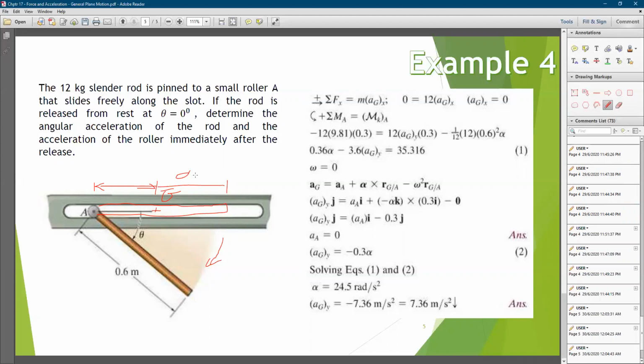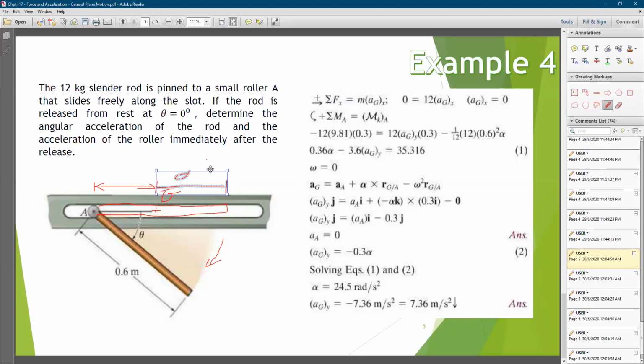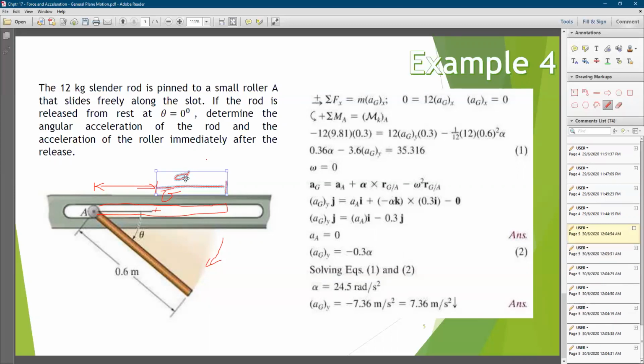Here it is 0.3, and here also 0.3. Now this is our point G, in the middle here.